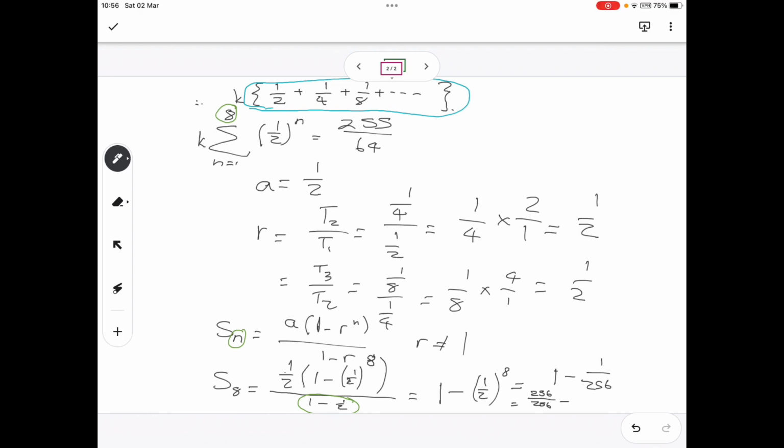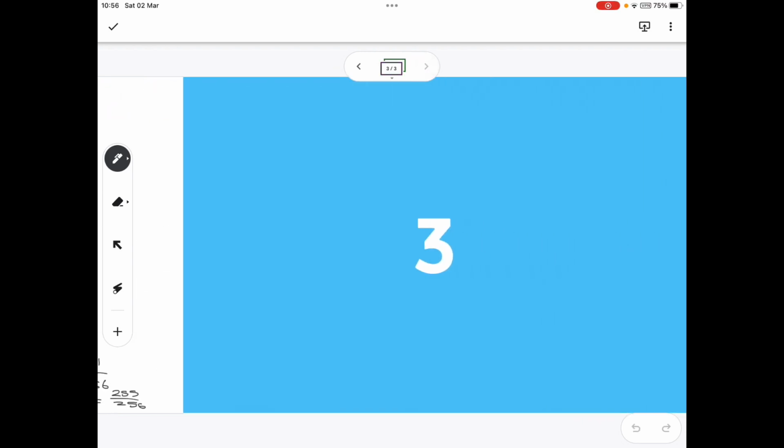And 1 is the same as 256 divided by 256. So that can be 256 over 256 minus 1 over 256. And that gives us 255 over 256. And that's what equals the sum of the first 8 terms of the geometric series.